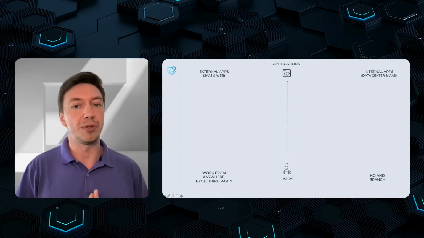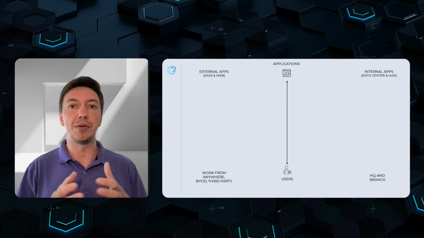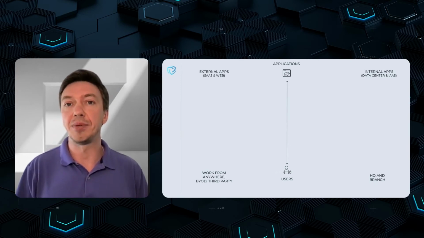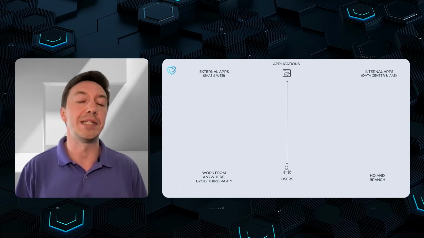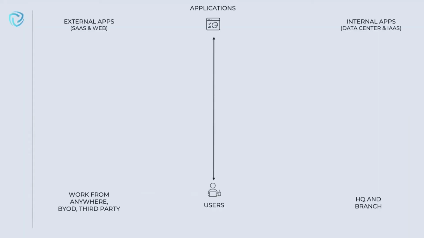And speaking about problem statement, really what we are trying to do, we want our users to get access to application, as simple as that. Problem is that our users are not in one place these days. They are remote, they are in their offices, they work from anywhere. That might be their home, or maybe they are in a coffee shop, or maybe they are traveling on a road. Same as applications.